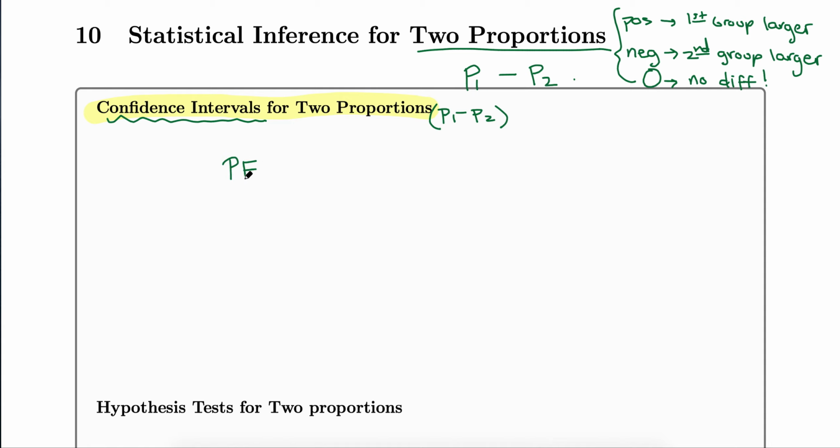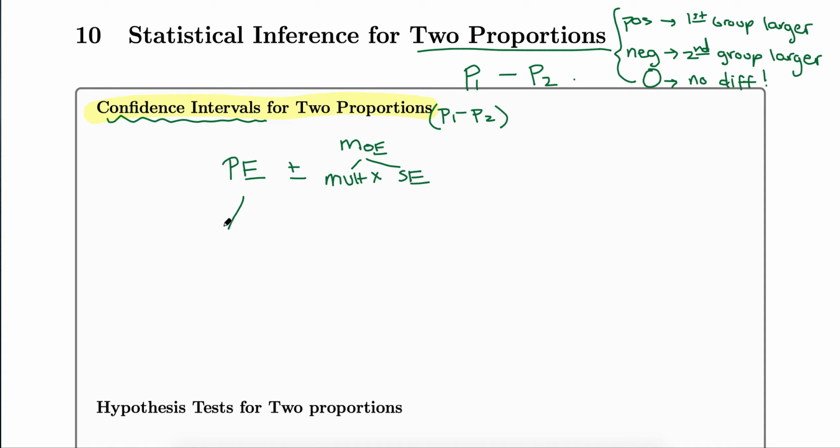Point estimate, plus or minus our margin of error that has both of the other pieces. We had our multiplier that gives us our level of confidence, and our standard error that says, hey, if I take a different sample, I'm going to get a different point estimate. Let's take that variability into consideration.